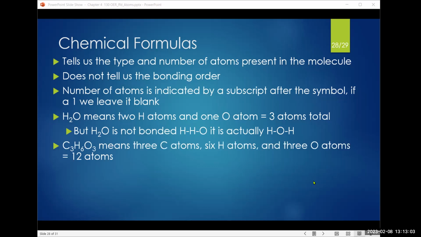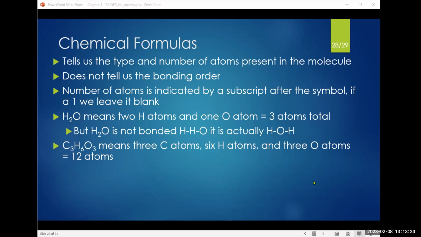We have this formula here: C3H6O3, which tells us there are 3 carbons, 6 hydrogens, and 3 oxygen atoms.